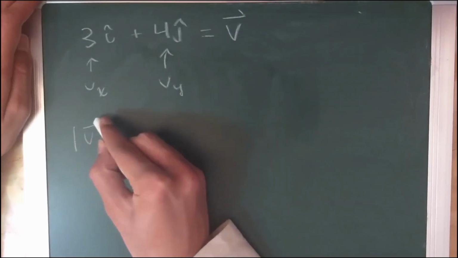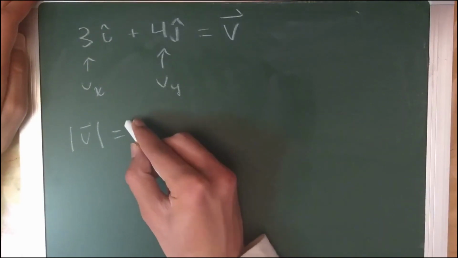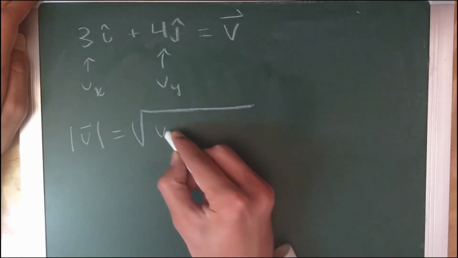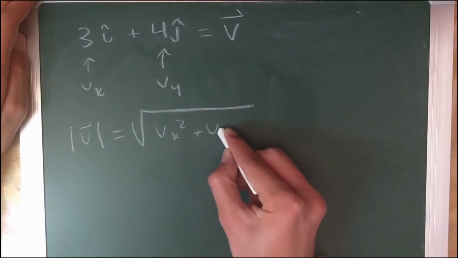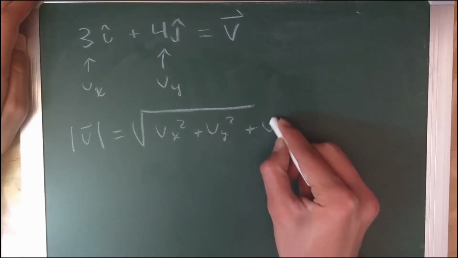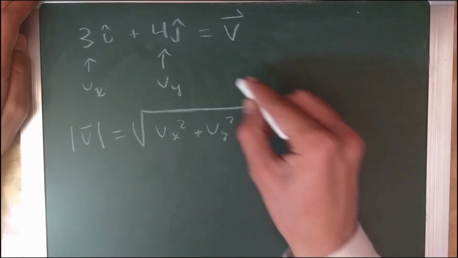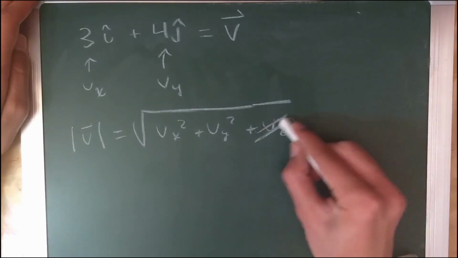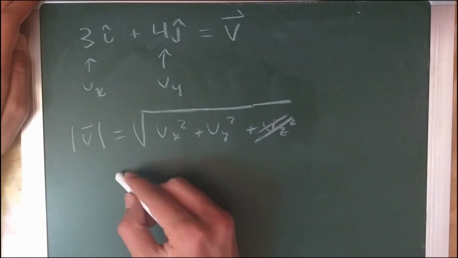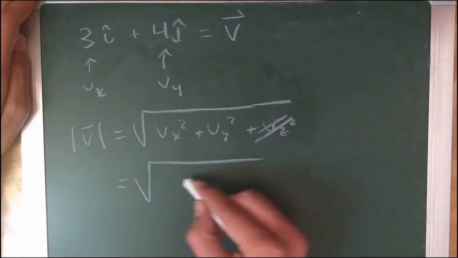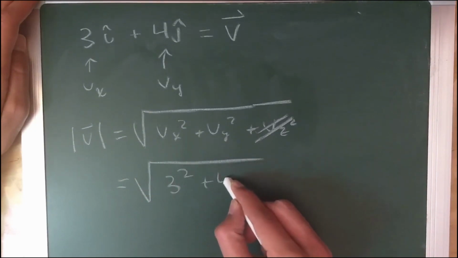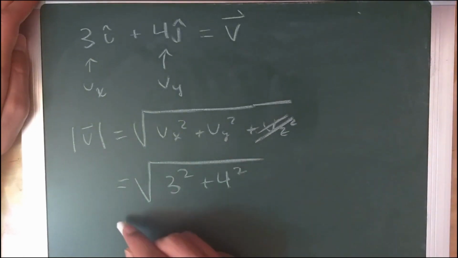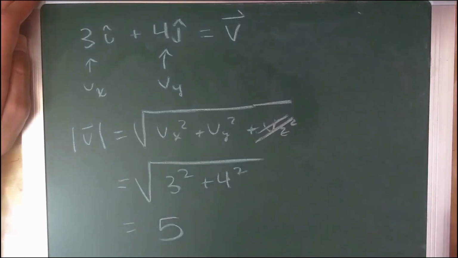The magnitude, we know, is equal to the square root of Vx squared plus Vy squared plus Vz squared. But here, Vz is actually equal to 0. We have no k hat term. So we can solve this. 3 squared plus 4 squared. Well, that's one of your Pythagorean identities. You know this is actually equal to 5.